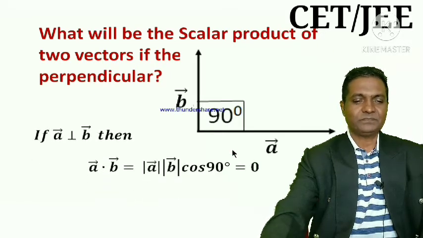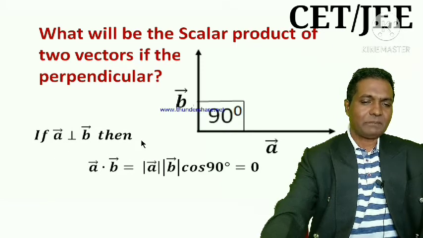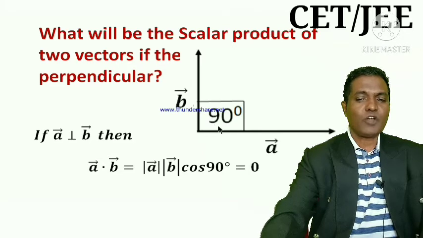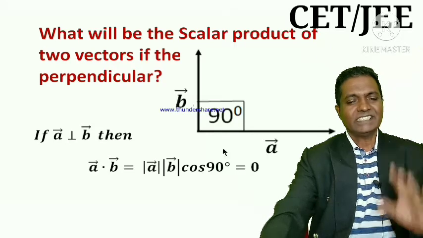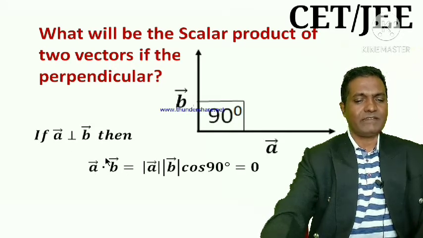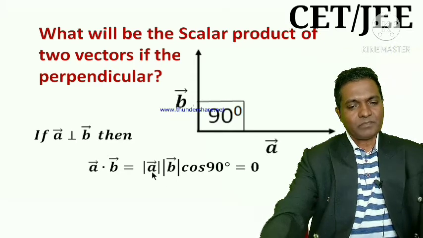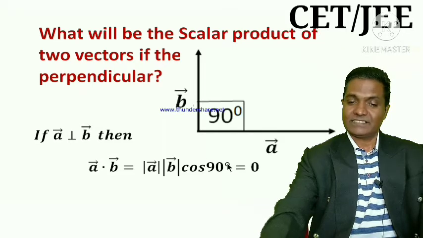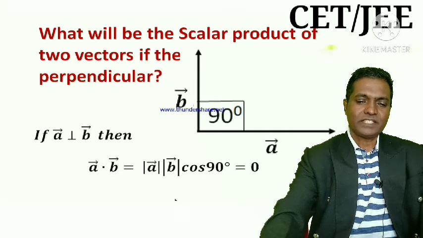Now what will happen to their scalar product? If A and B are perpendicular, then the angle between them is 90 degrees. As we all know, cos 90 degrees is 0. So according to the definition, vector A dot vector B is magnitude of A, magnitude of B into cos 90, and since cos 90 is 0, the whole product is going to be 0.